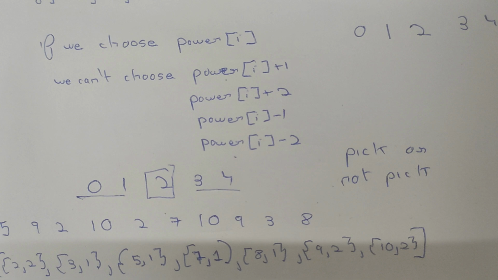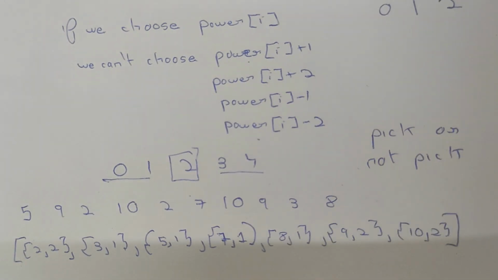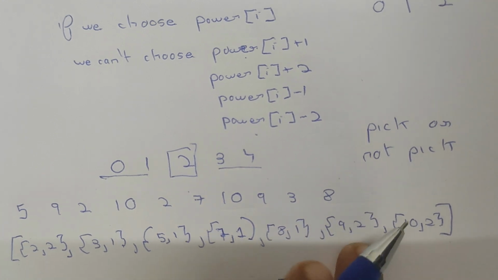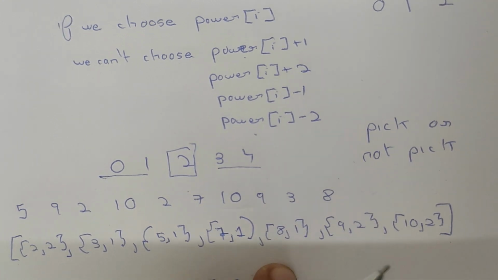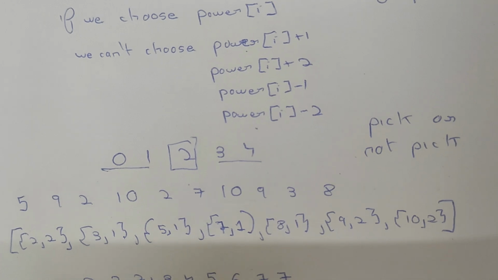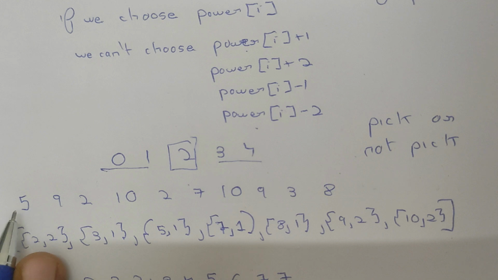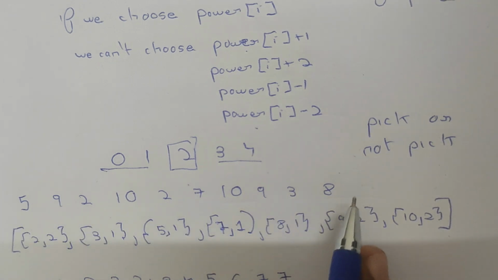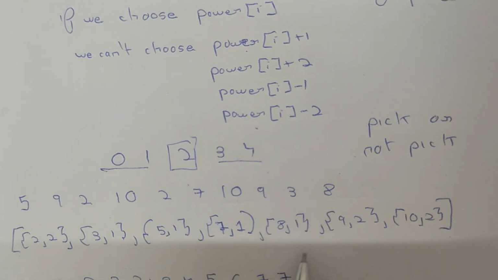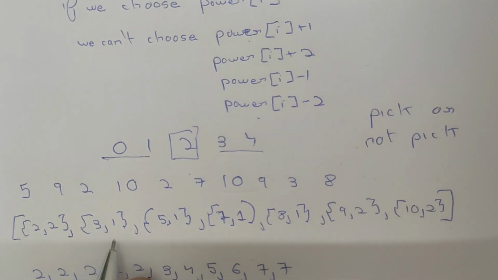So this is a test case in the problem. It's a hidden test case, I guess. I mean, when you get a wrong answer, I got this test case. So what I did initially is that I sorted these values in ascending order, and then I created a new array where the elements are in pair format.